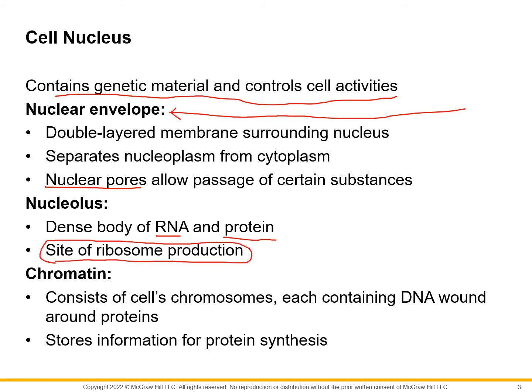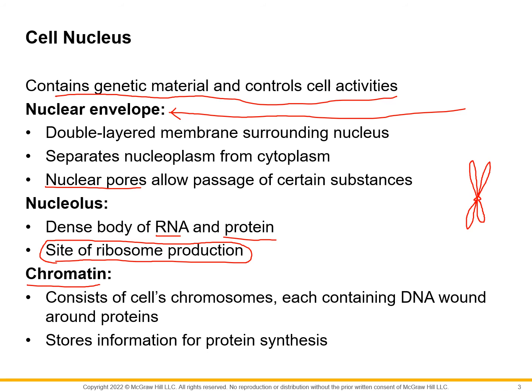Now, going back to one of the previous videos, we talked about ribosomes being the site of protein production, protein synthesis, we'll say. And so we're going to see that inside the nucleus, we have this stuff called chromatin, which is the DNA. Now, most people think of chromosomes, which have the DNA in their familiar little X shape, but they are only in this shape when the cell is going through mitosis.